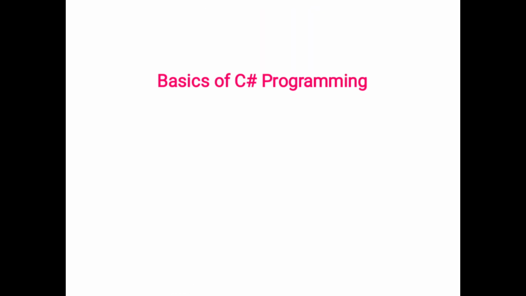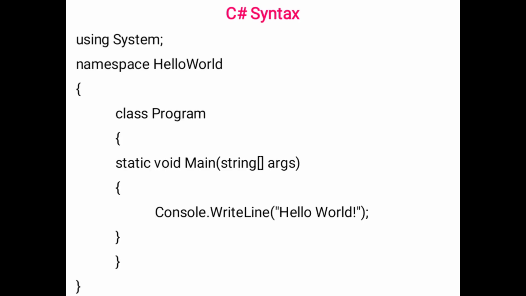So next, we see about the basic C# programming structure. First, the C# program structure, that is the syntax of a C# program. The very first line: using System. Every C# program starts with the first line as a using syntax, System.